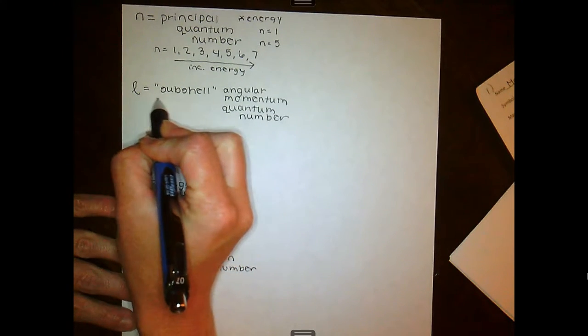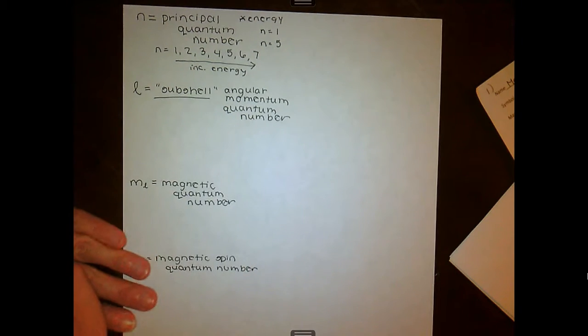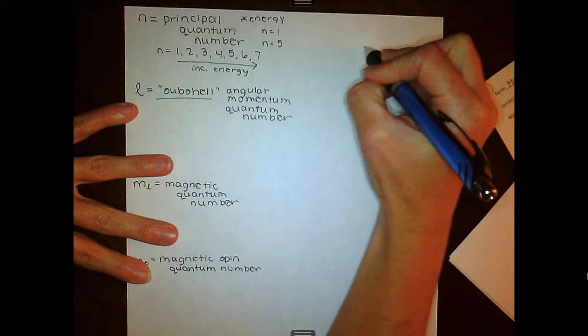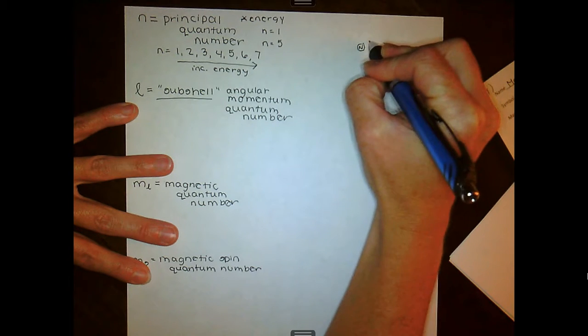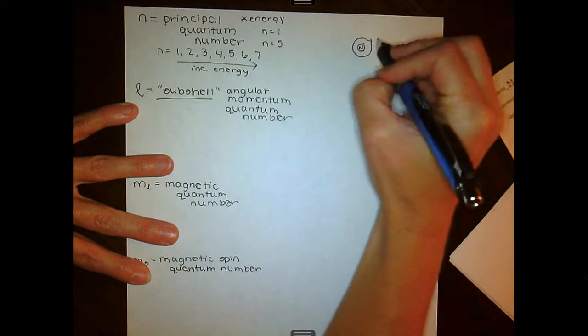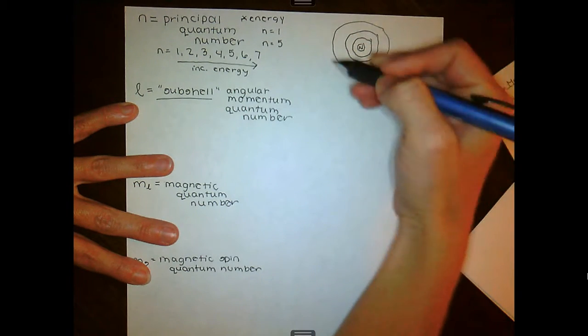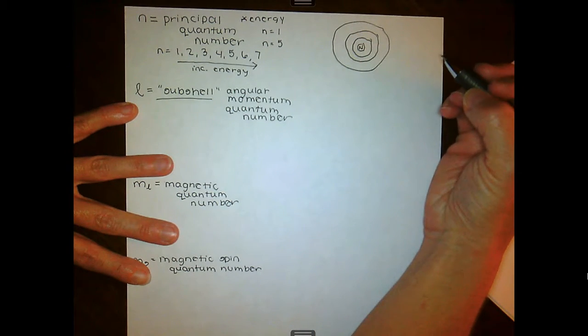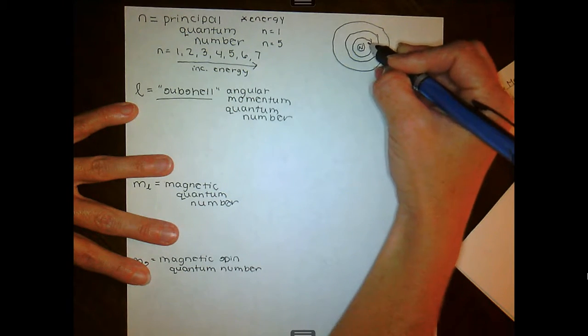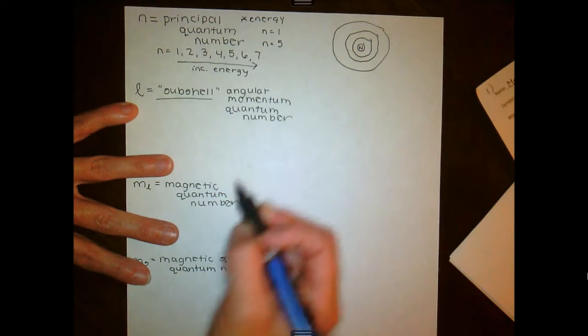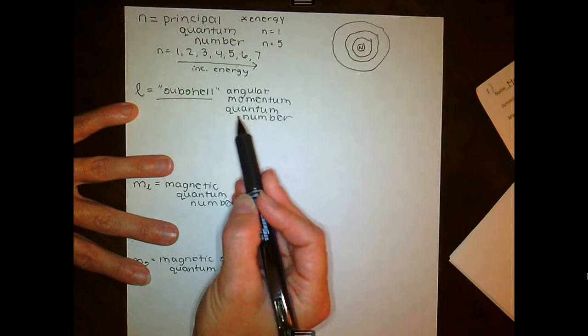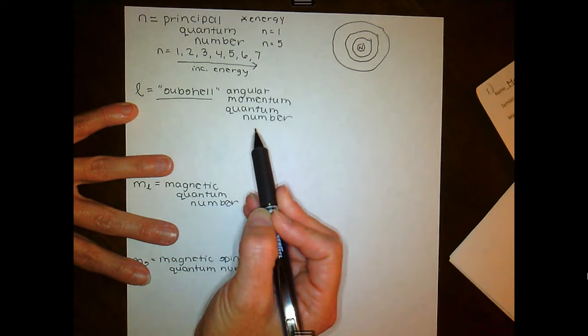The second quantum number is the subshell, and this is where you have to understand Bohr's model. Think of this as the nucleus, and Bohr's model talks about those energy levels: energy level 1, energy level 2, energy level 3, and so on. But within each energy level, there are sublevels or subshells. That is where this angular momentum quantum number comes from.